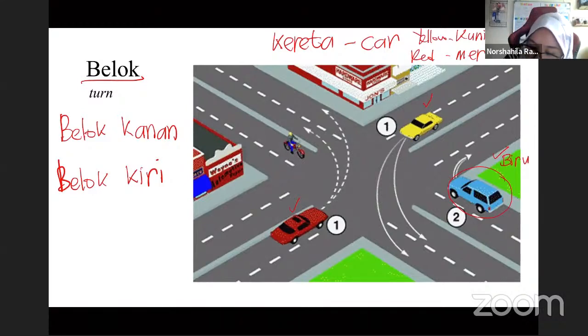Okay, so you can see this person is riding a motorcycle. Anyone here enjoy riding a motorcycle? No one? So you like driving compared to riding a motorcycle? You're more of a driving person?